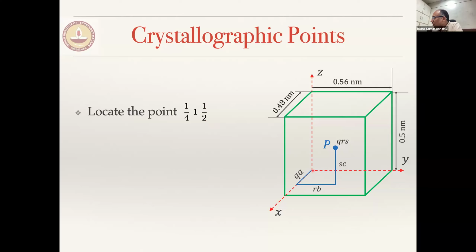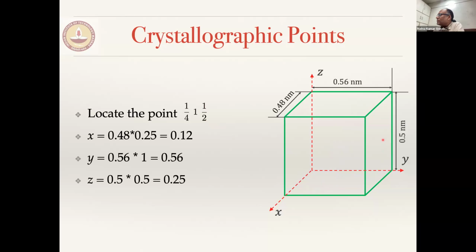So if you look at this, you locate 1/4 along x, then along y, 1 full length, and along z, 50%, 1 by 2. And that will be your crystallographic point. So x is equal to 0.12, y is 0.56, z is 0.25, and the point is 1 by 4, 1, and 1 by 2.